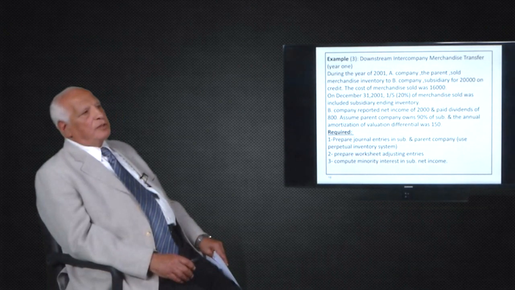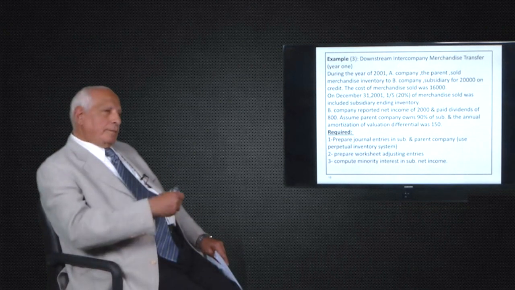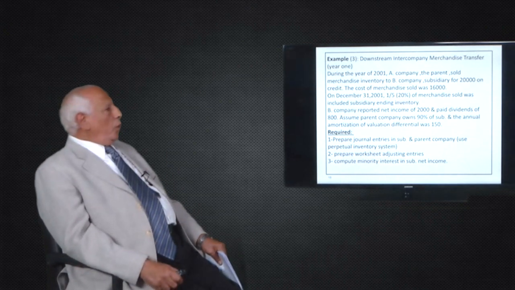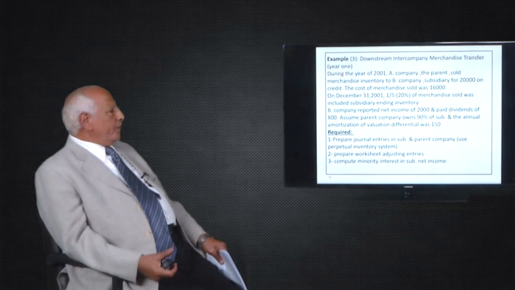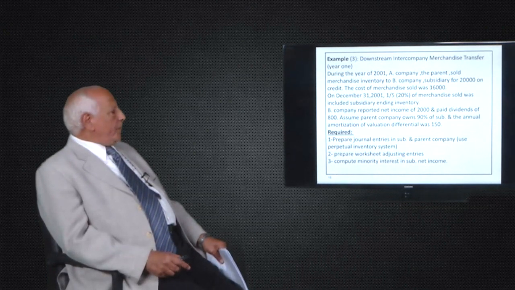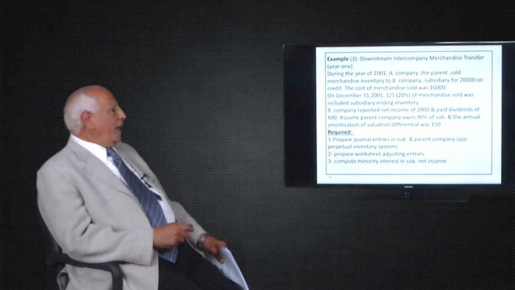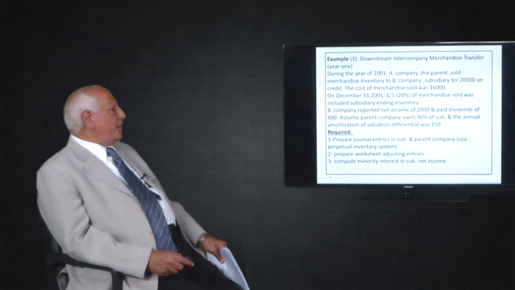The same information as example 1, except this one is downstream. We need required question number 1, journal entries for A and B under the perpetual inventory system, and prepare the worksheet adjusting entries. You're going to see some differences, and in computing minority interest, you're going to see some differences here.